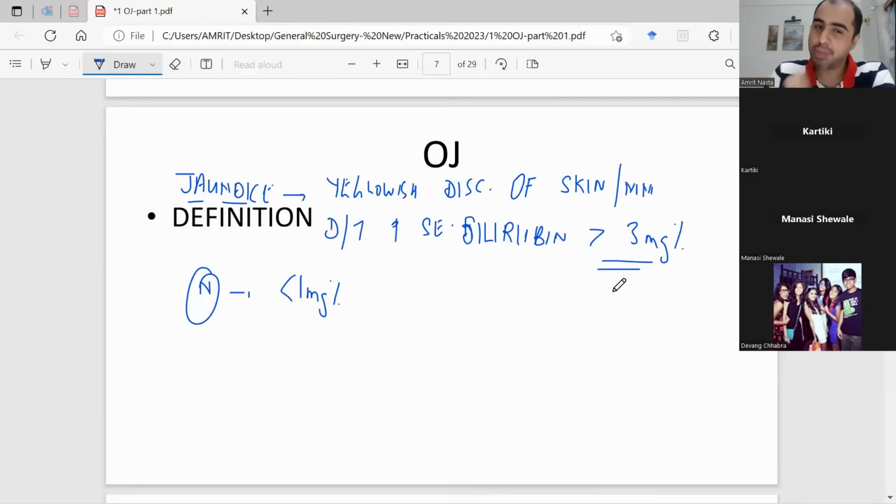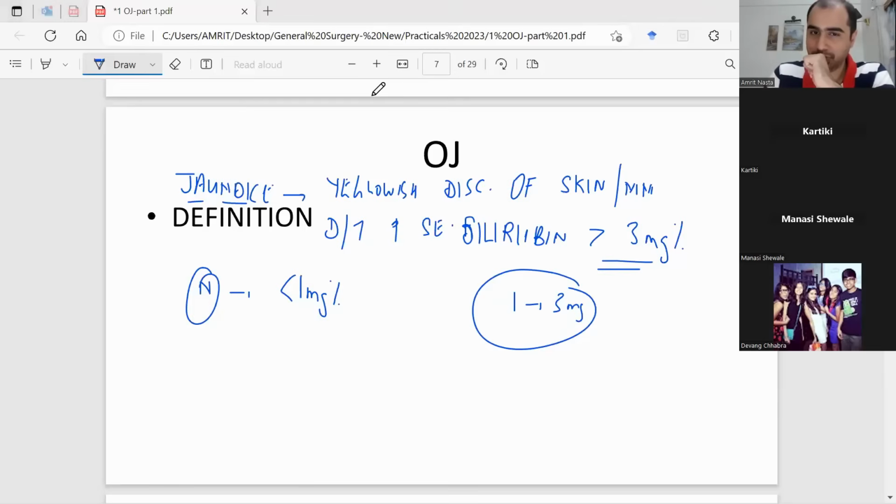So Mansi, if my bilirubin is between 1 to 3, say it is 2, what is that called? Sir, icterus. Icterus will not happen. Icterus happens when the bilirubin is more than 3 or more than 2.5. Yes, Rohan Mehta.